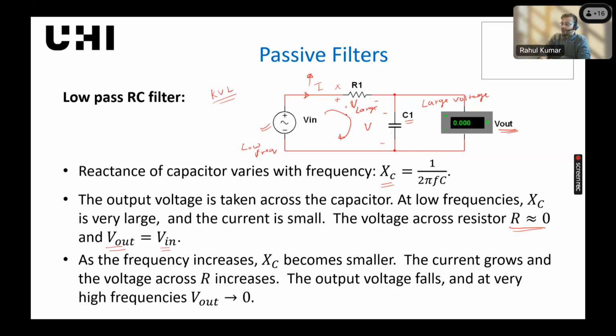As a result, the voltage drop across the capacitor will be small. So for higher frequencies, you will get lower output voltage. That's how your low pass filter works.